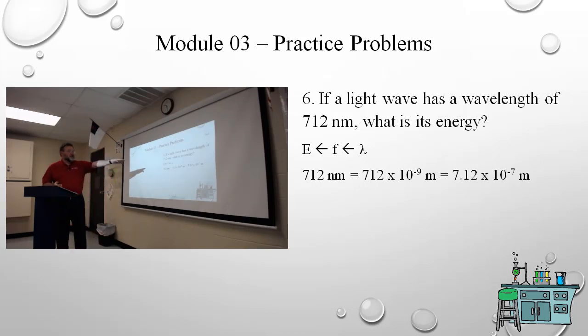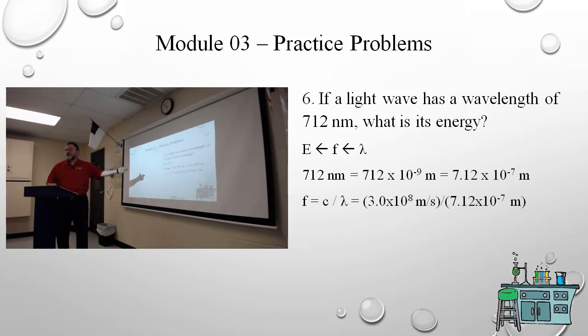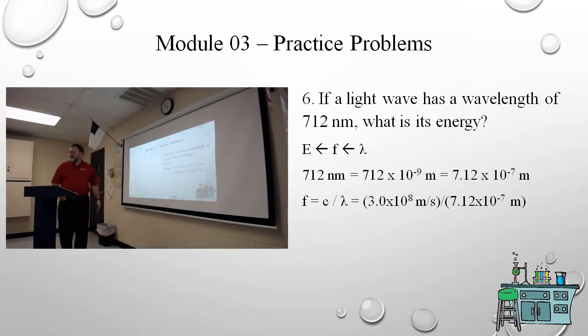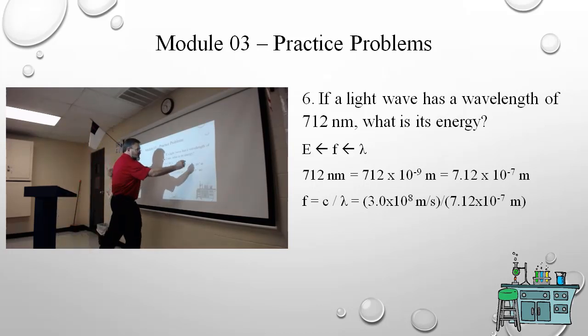Now that I have it in that form, I can compute the frequency using the formula. Frequency is speed of light constant divided by the wavelength. So plug that in. Now we've got 3 divided by 7. It's a chunk less than half. So let's just say 0.4 for estimation. 0.4. And the exponent is going to be 8 minus a negative 7.